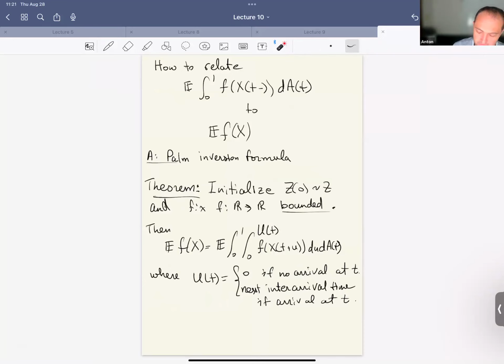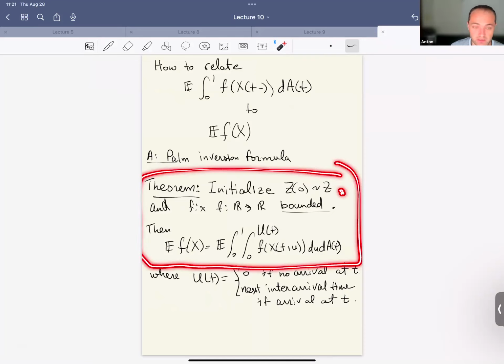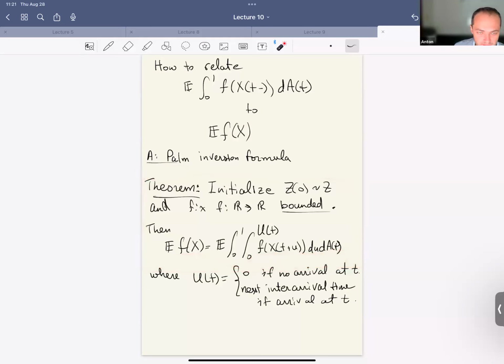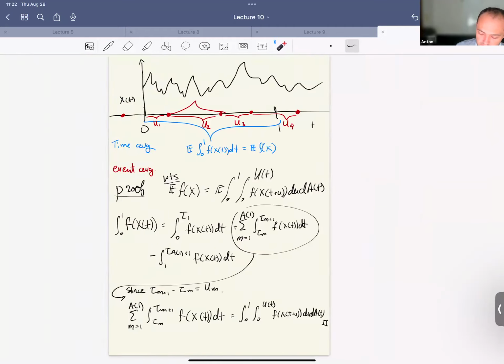So at a high level, if the proof went too fast for you or if you missed some detail, just remember that basically what we've done is we said there is now a relationship between these time average expectations that I'm used to and these event average expectations that we haven't seen so far in Stein's method. And our ultimate goal was to relate the first derivative to the time average first derivative. And let us now see how this is done.